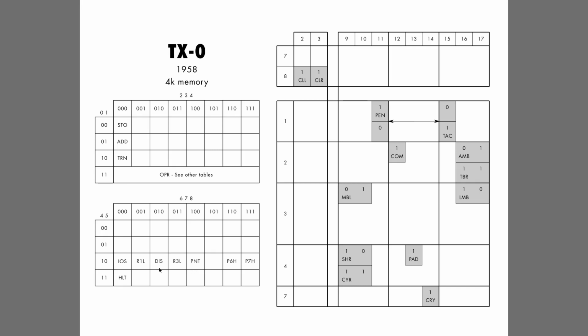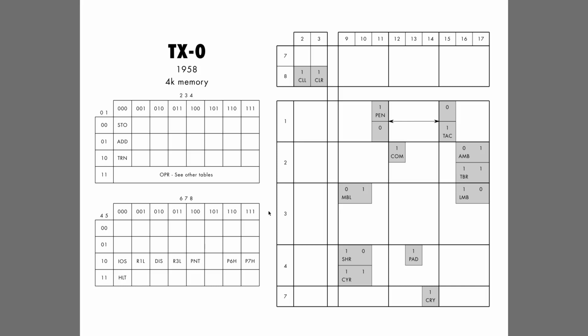And lastly, we have the display instruction, which displays a point on the scope. The X and Y coordinates being the left and right half in the accumulator. So this is probably the reason that these can be cleared separately as well.